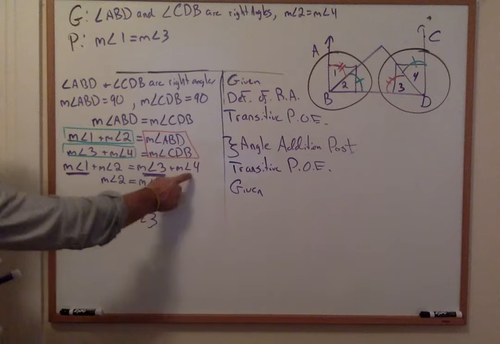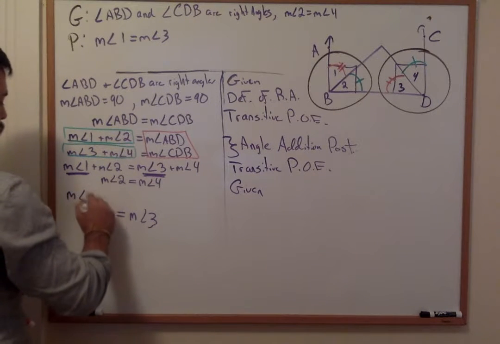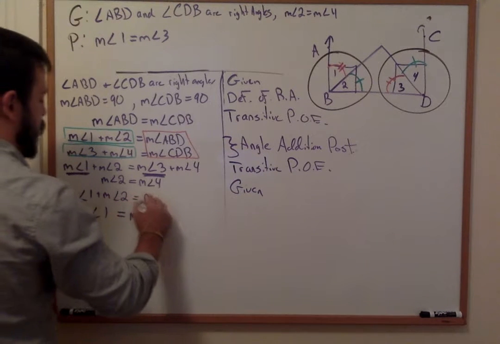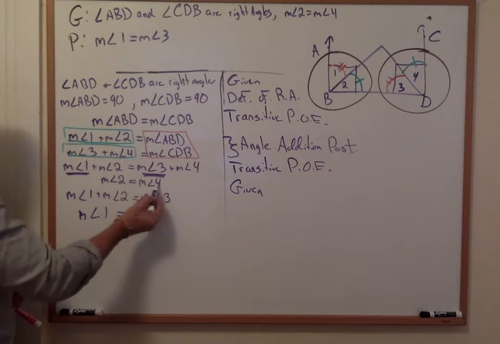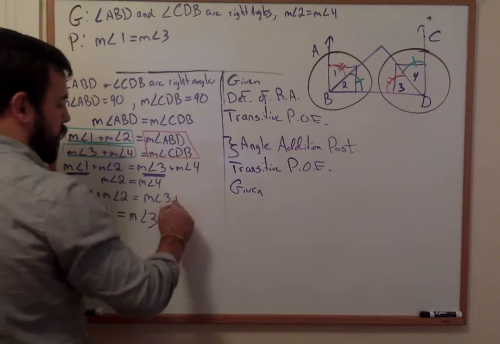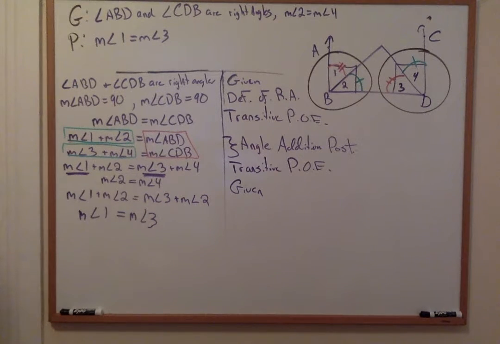So let's replace this angle 4. The measure of angle 1 plus the measure of angle 2 will equal the measure of angle 3. Now, since 2 and 4 are the same, we're going to replace this 4 with the measure of angle 2. That is substitution.